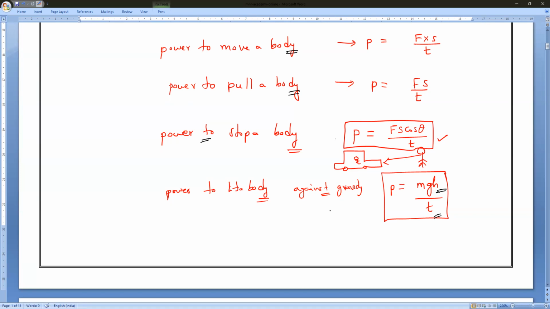Magal, Agalya, somebody? Kavya also. So what is the last sentence, sir? Power to lift a body against gravity. Clear?